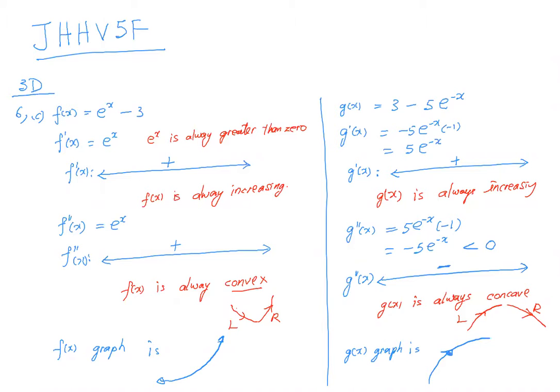So this one, we call it increasing with decreasing rate. This one, fx graph is increasing with increasing rate. That means the graph becomes steeper as you go.